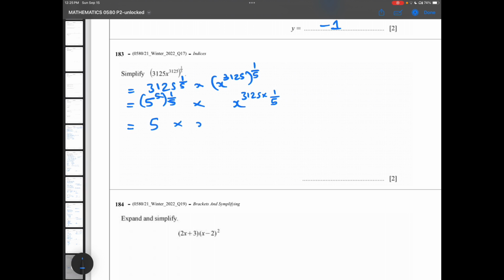So it is x to the power 625. This will be equal to 5x to the power 625. The answer is 5x to the power 625.